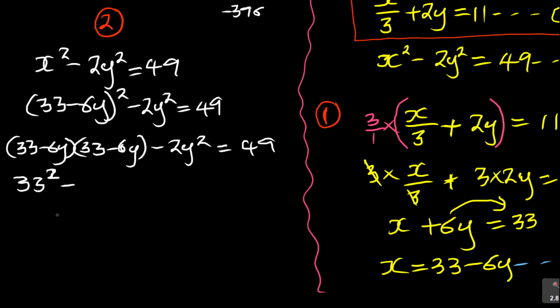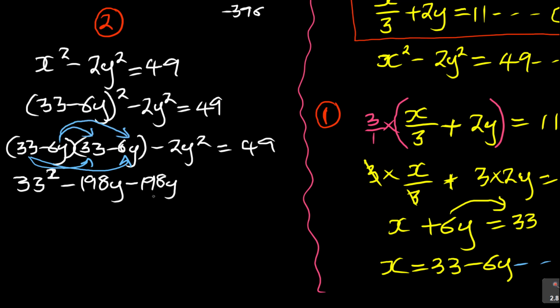I'll use it later. So it's 33 times this, and then it is negative 198y again, minus 198y. Remember, you are expanding, and if you're expanding, it's 33 times that, 33 times this, this times that, and this times this.